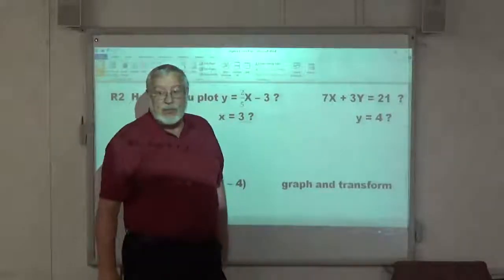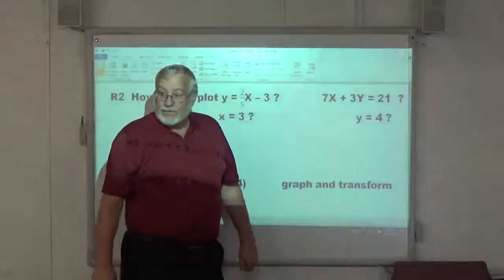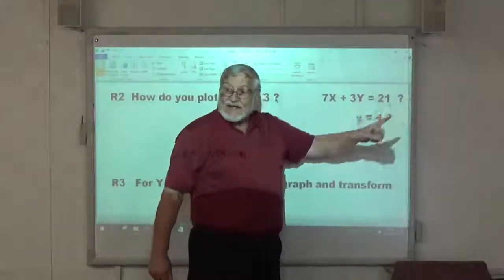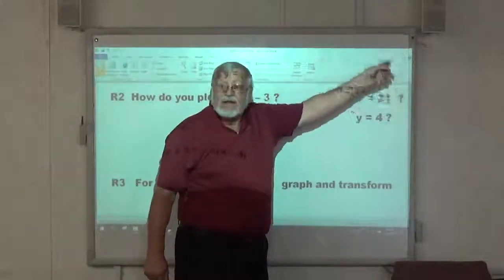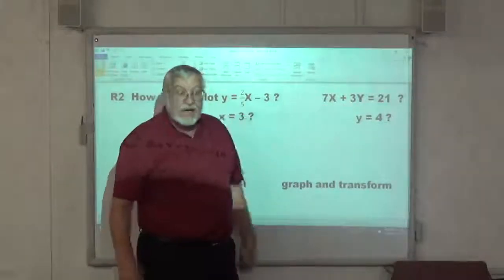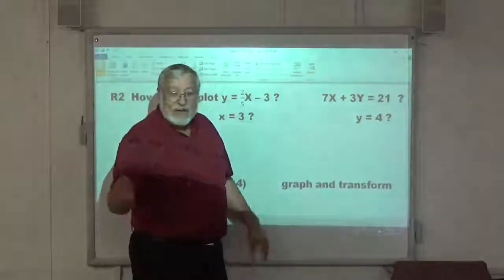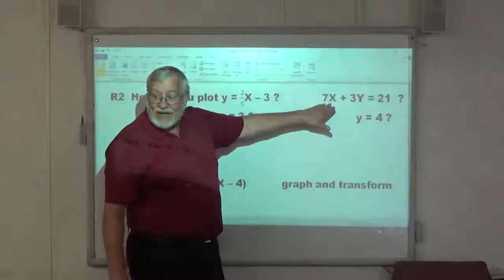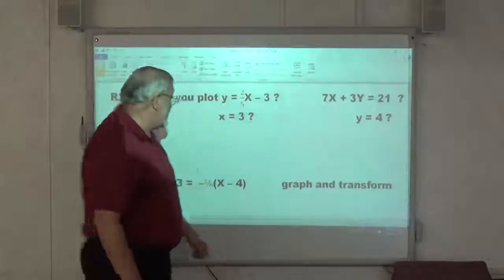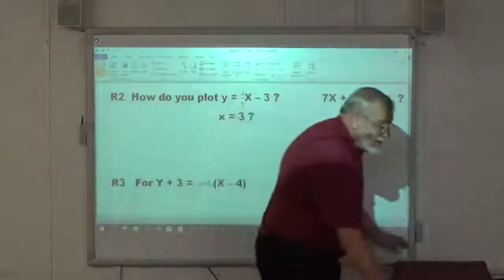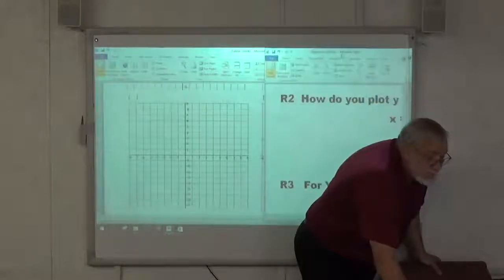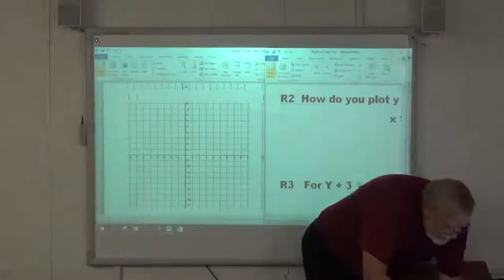Now, what's the slope of this? 7 goes to the other side as -7 divided by 3. So, if you're asked for the slope and intercept and given this, you don't have to change it, just do the math.